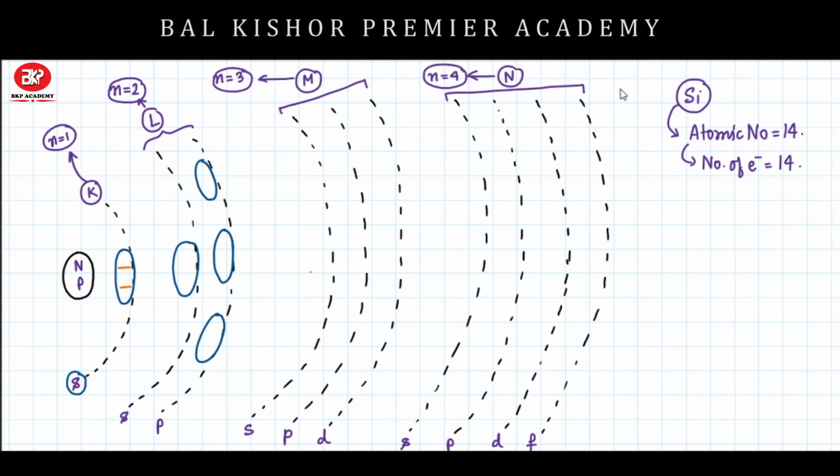Similarly, here also we'll get the orbitals according to S, P, D, F, and in the D there will be five orbitals.